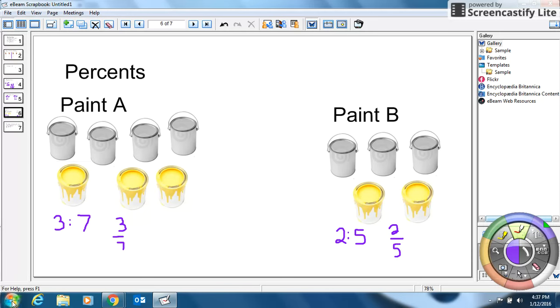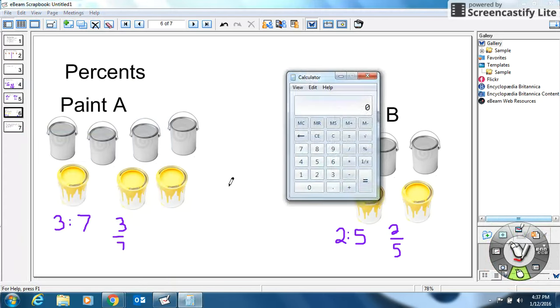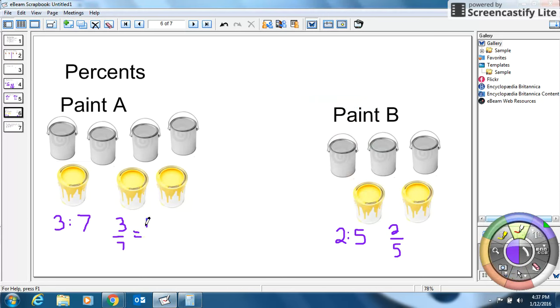I'll pull up my calculator really quick here. 3 divided by 7 equals a decimal number. I multiply that by 100 to get 42.8, we'll round up, 43% of the paint in paint A is yellow.